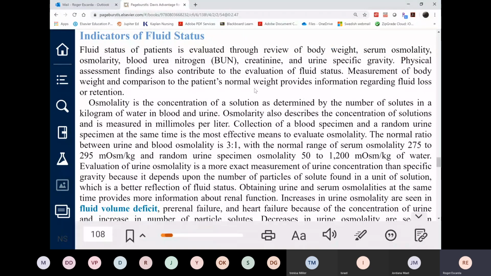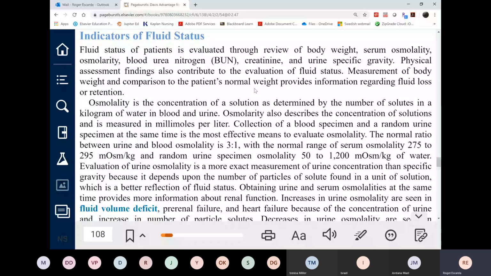So therefore, let's start with the weight. Water has weight. Let me start again, because it can be confusing: fluid is a measure of volume, right?